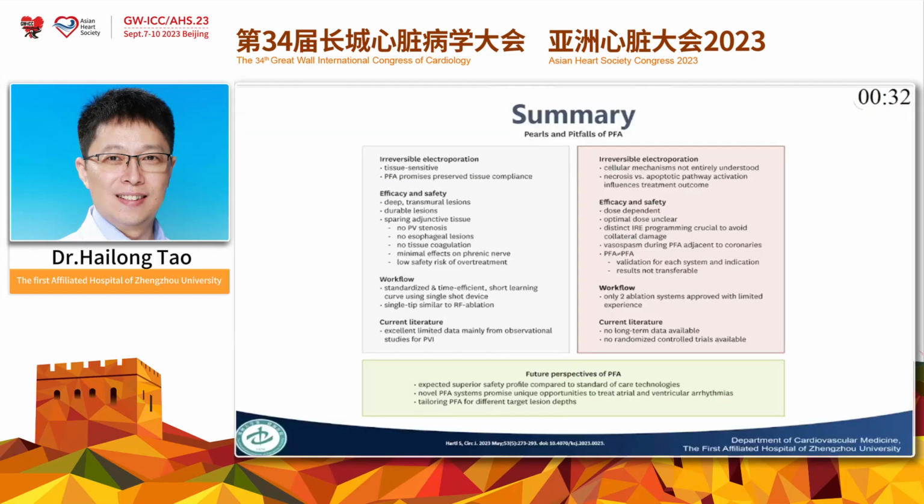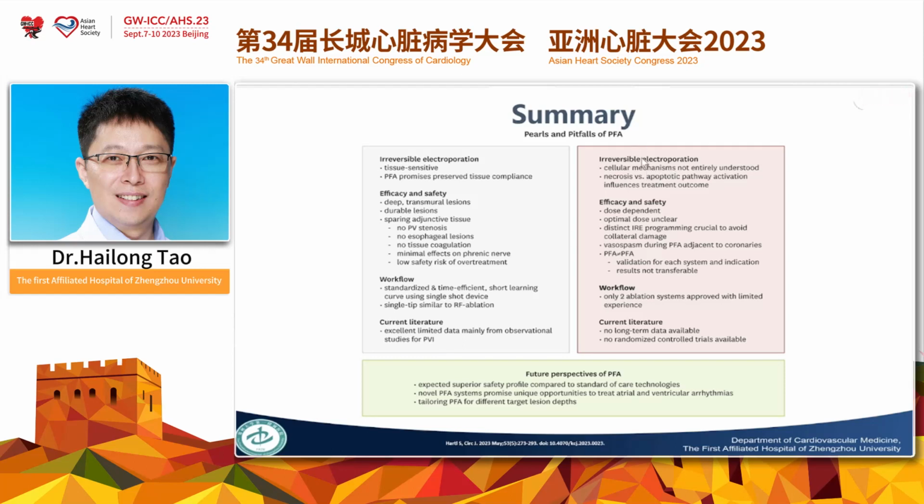And for efficacy and safety, it can cause deep, transmural and durable lesions, and also spares adjacent tissues: no PV stenosis, no esophageal lesions, no tissue collagen damage, and so on. And current literature shows excellent but limited data, mainly from observational studies for PFA, but not from randomized clinical trials.